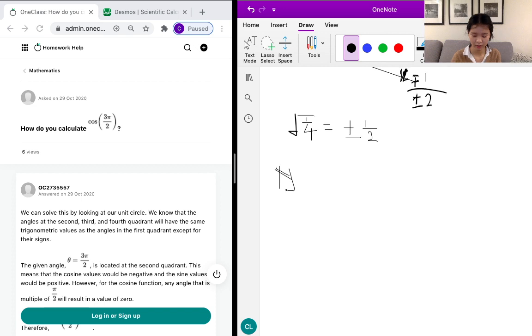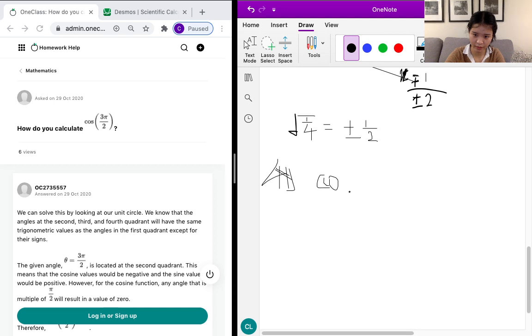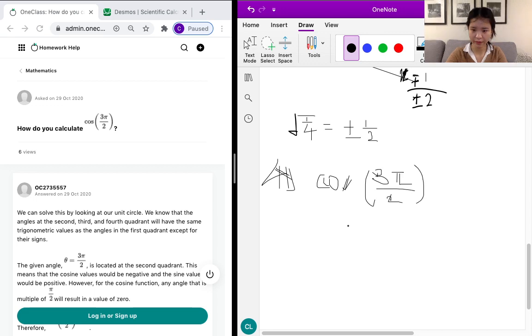Again, let's do the fourth problem here. It asks us to calculate the cosine of 3 pi over 2. We know that the angle 3 pi over 2 is actually an angle on the unit circle.